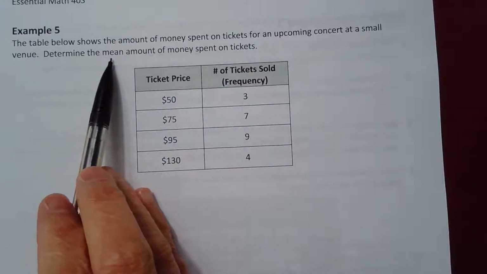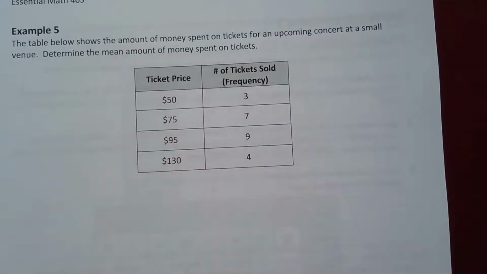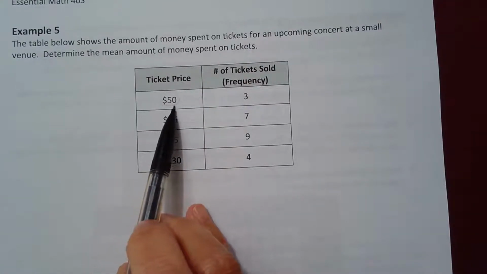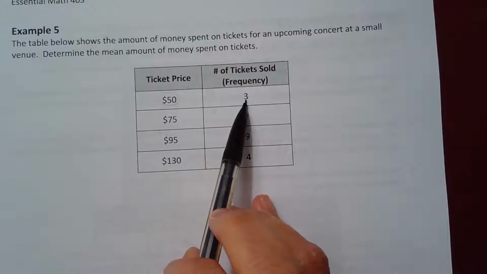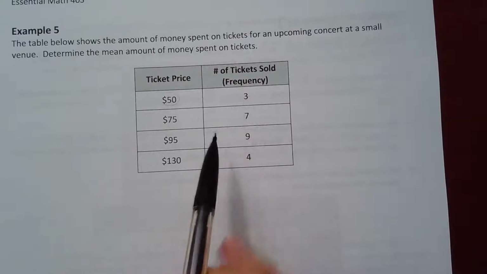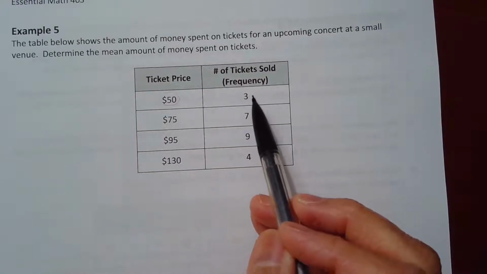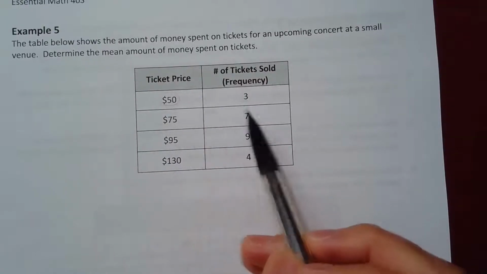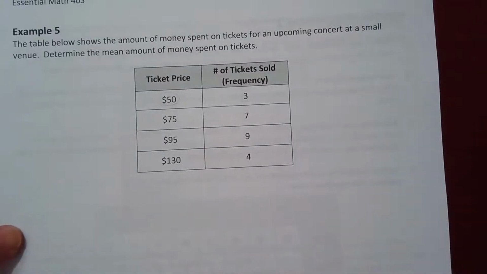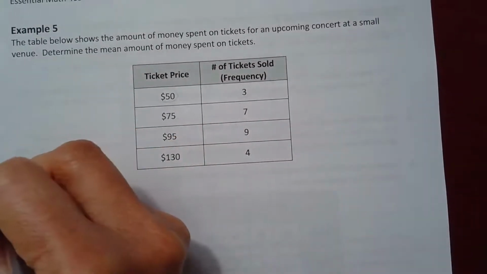Determine the mean amount of money spent on tickets. So this is the ticket price, that's the score. And then this one, oh, this one's nice because it's already organized in a table. Score times frequency, score times frequency, score times frequency. So let's just figure that out. Weighted mean.